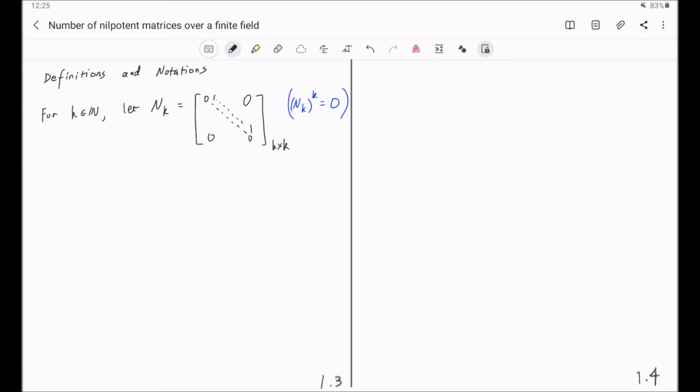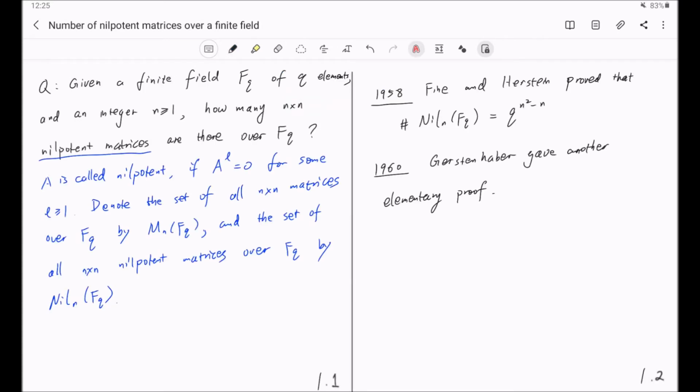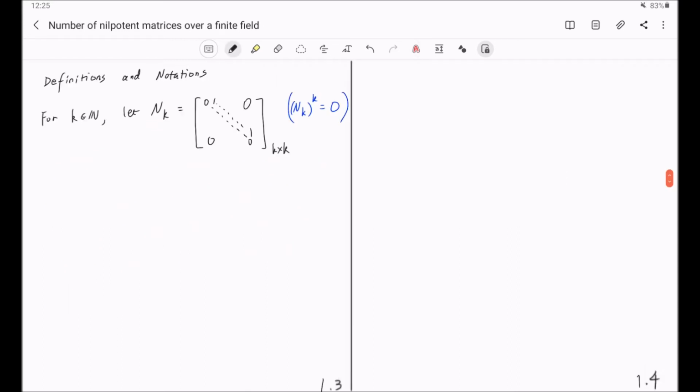And in particular, for this integer n fixed at the beginning, we let capital N denote the matrix N sub n for simplicity.